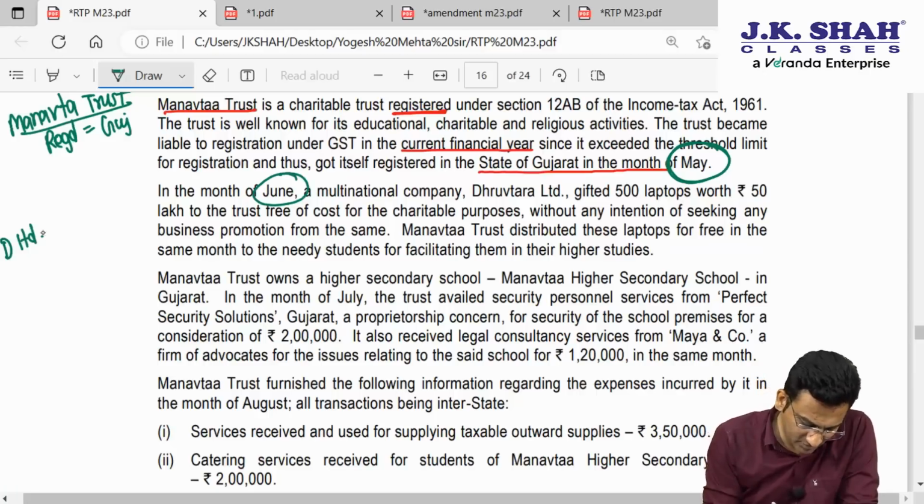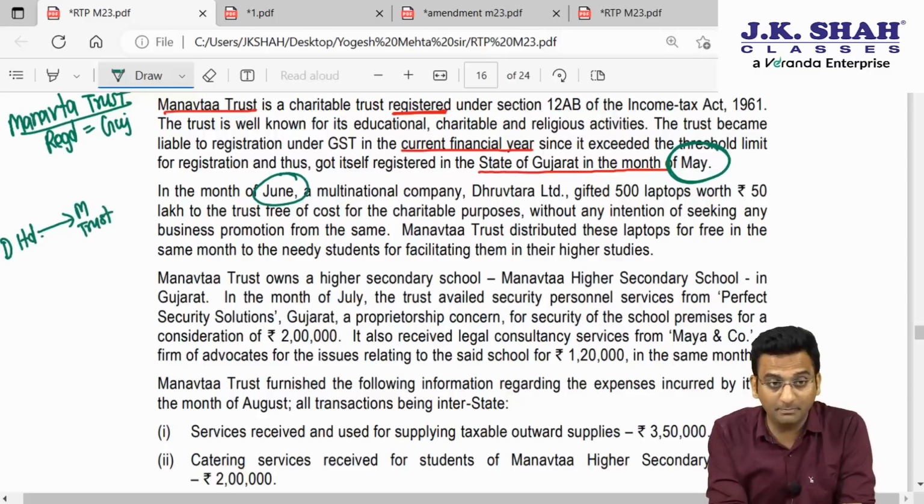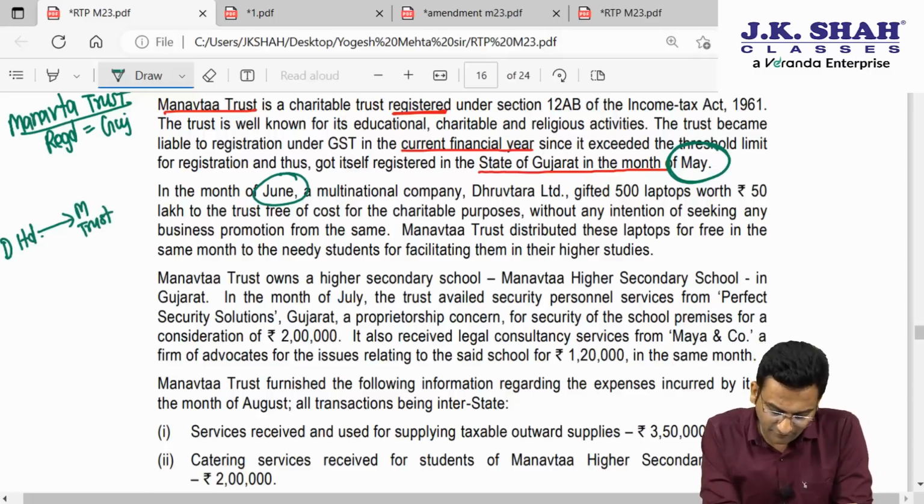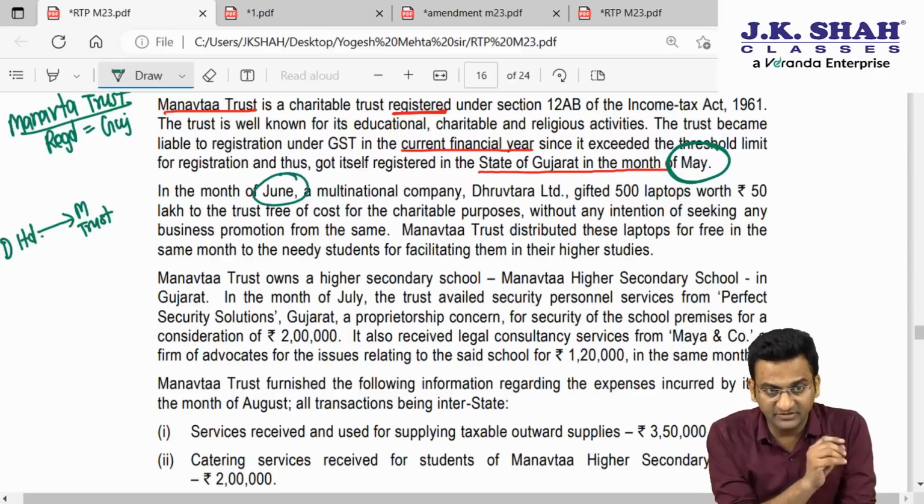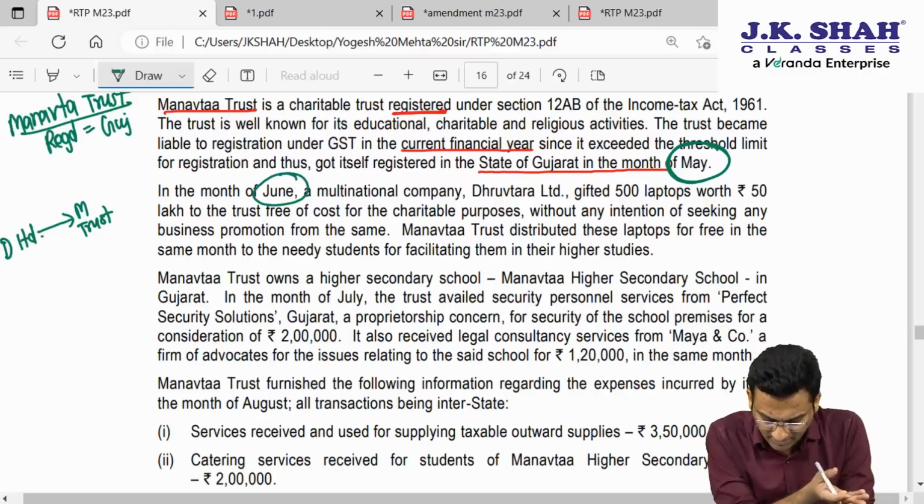Dhruv Tara Limited gifted to the Manavta Trust 500 laptops free of cost for charitable purpose without any intention of seeking any business promotion from the same. So Dhruv Tara is gifting 500 laptops without any business promotion to the trust free of cost.